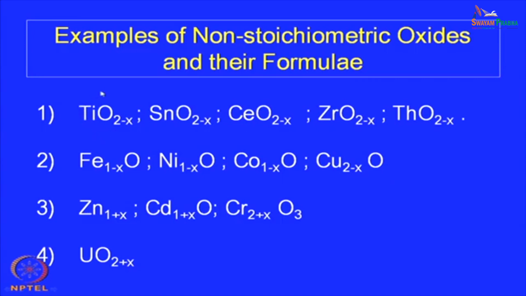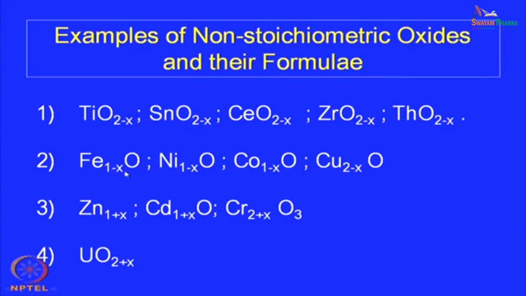For example, TiO2 we have written as TiO2 minus X, SnO2 minus X, CeO2 minus X, cerium oxide, ZrO2 minus X, and thorium oxide 2 minus X, all of them 2 minus X, which means the notation itself indicates that there is an oxygen vacancy. Oxygen vacancy is the predominating defect, and they are oxygen deficient oxides, oxygen deficiency because of oxygen vacancy.